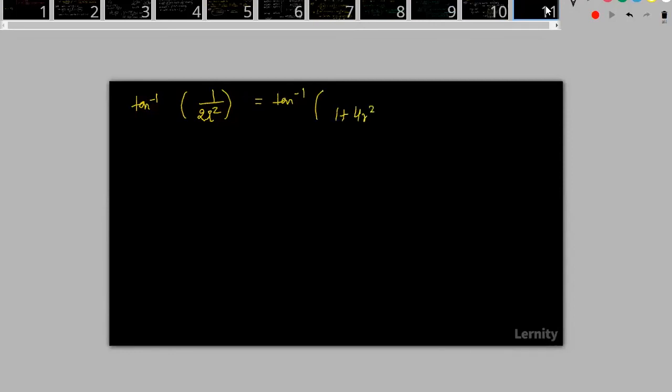In the numerator I can write 2r plus 1 minus 2r minus 1. I can take this thing, right? Because I have to get this 2r, if this is in the numerator, this will become first and this the second.